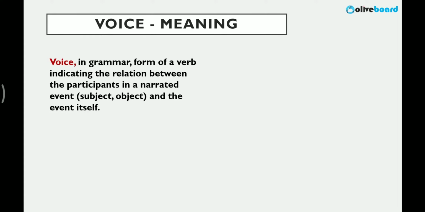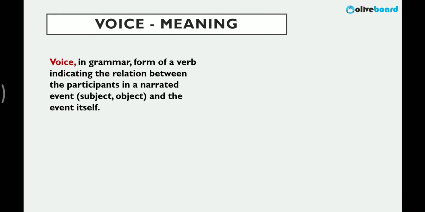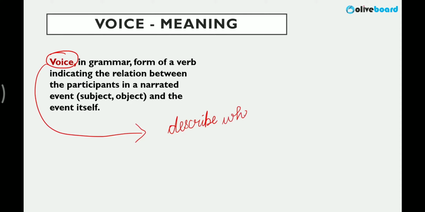In simple terms, voice in grammar describes whether a verb is active or passive. So when we are given a sentence, there is a subject who is doing the action.